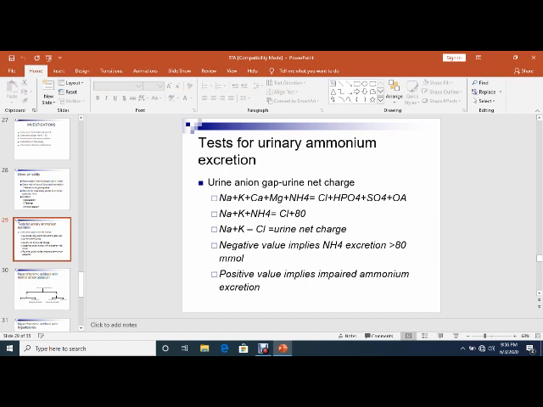A negative value implies ammonium excretion of more than 80, and a positive value implies impaired ammonium excretion. If the ammonium chloride test is positive, that shows impaired ammonium excretion.